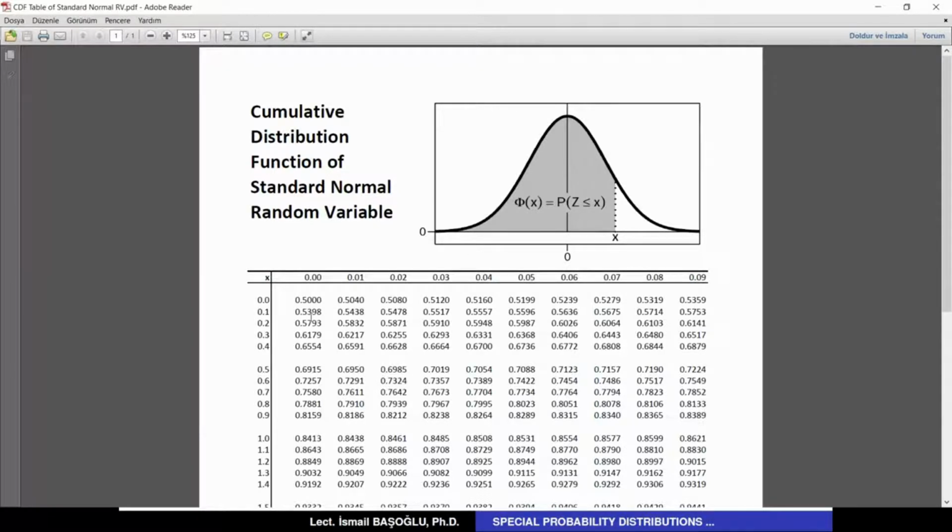The answer is not directly available in this table. So this table only shows the cumulative probabilities for positive X values. But if we want to identify the cumulative probabilities for a negative value, it is also possible, but we need to apply an indirect approach.